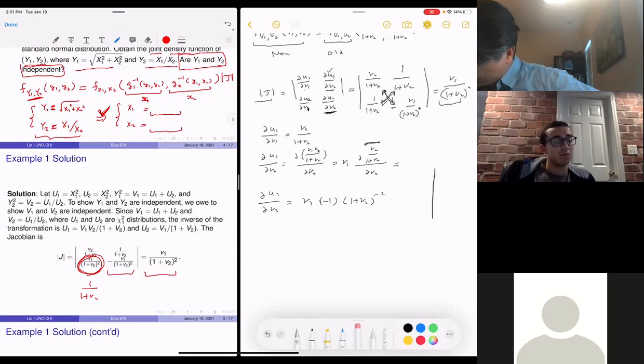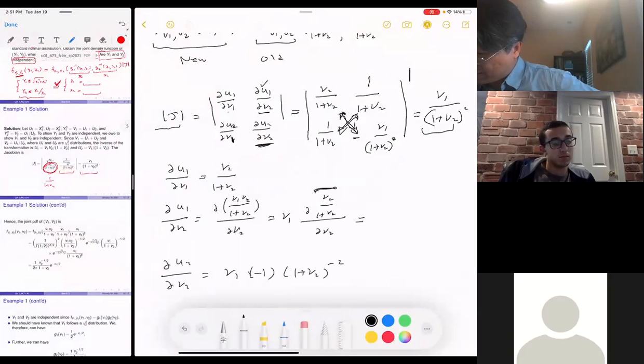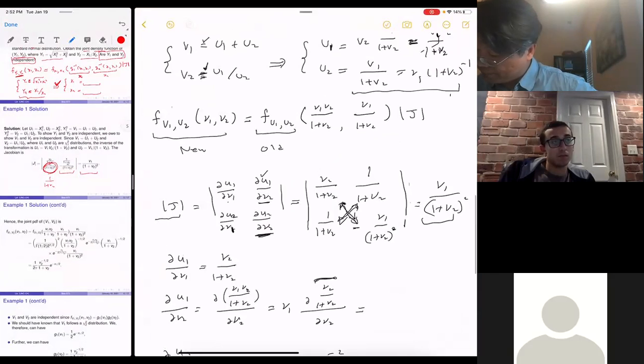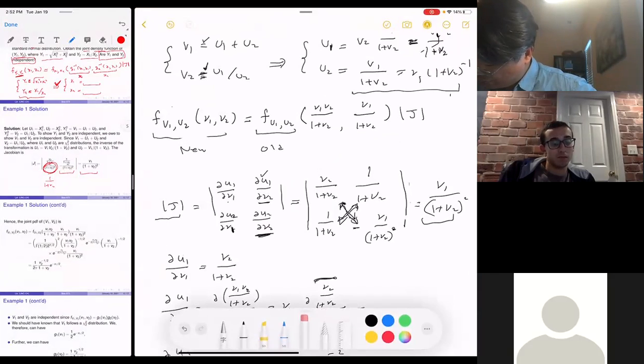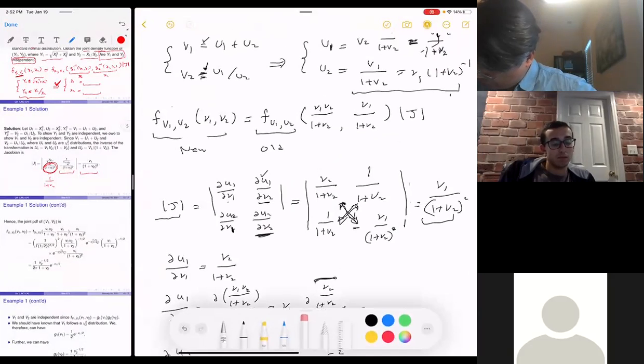So that means, okay, I have everything I'm looking for right now. I have the inverse function, I have the Jacobian, so let's keep working on this to finalize right here. So the new PDF, what I'm looking for.